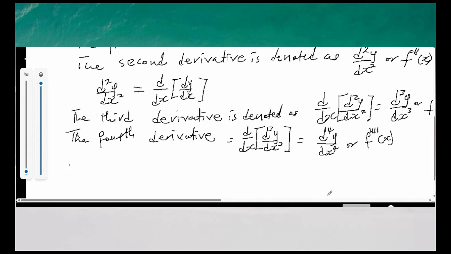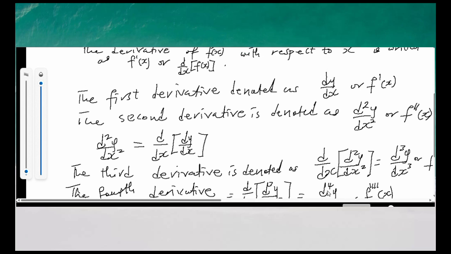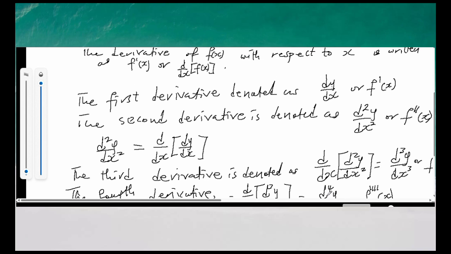Now from here, I think we can write the nth derivative. Okay. So let's look at something. The first derivative, we were having the d having an exponent of 1, right? Then the exponent of the x is 1.